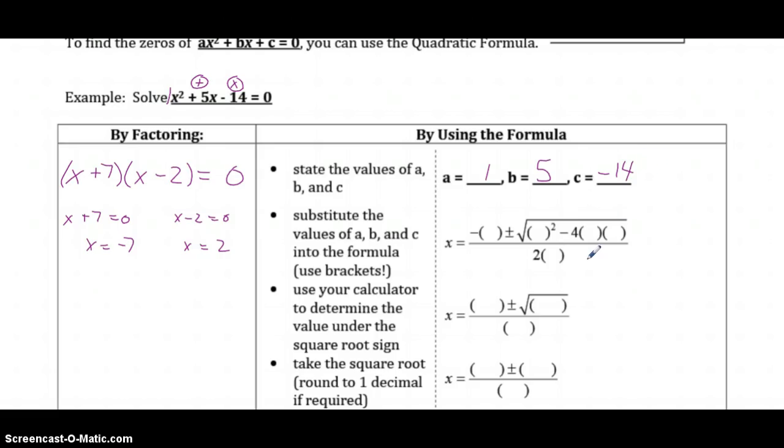So I'm going to fill in the blanks here, but you can just reference the formula at the top of the page. It tells you which letter goes where. So the equation is x is equal to negative b. So my b is actually a positive, but the formula tells me I have to make it negative. If my b was a negative, it's actually going to flip my sign. So you have to watch out for that, and that's why I specifically have this negative out front of the brackets.